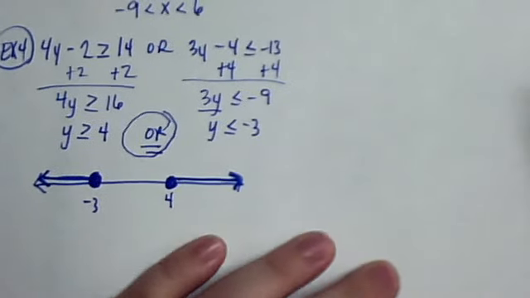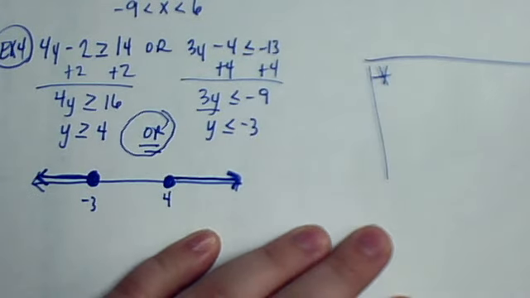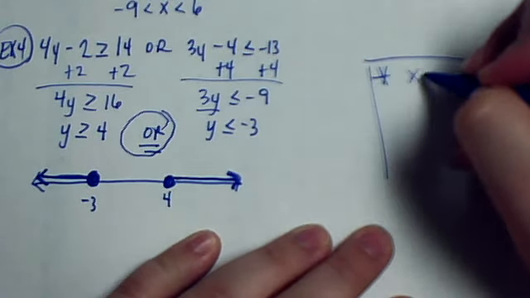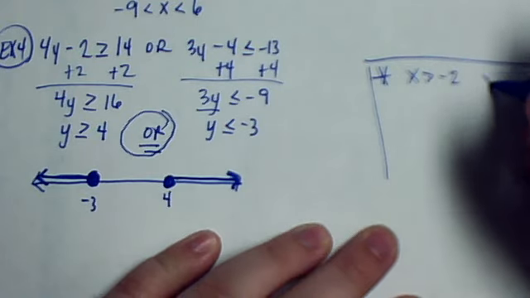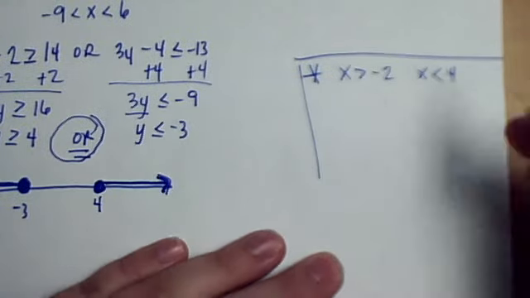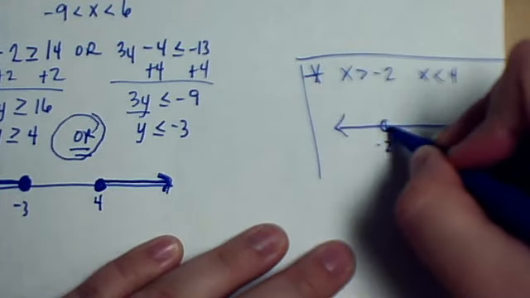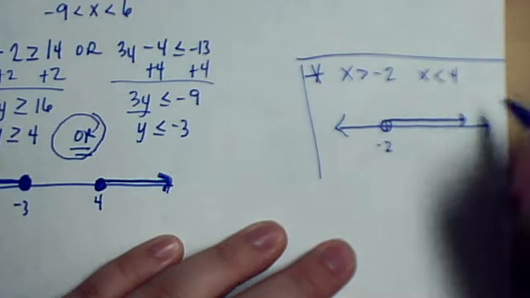Okay, another special case with or is if we have, let's say we have x is greater than negative 2 or x is less than 4. This is just or, and I graph this. So negative 2, open circle to the right.